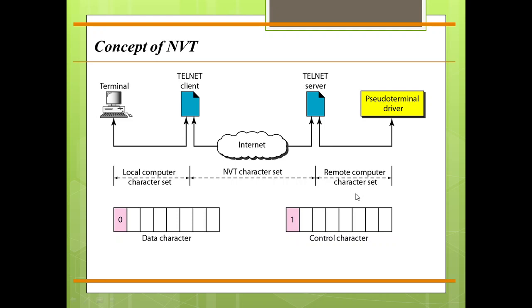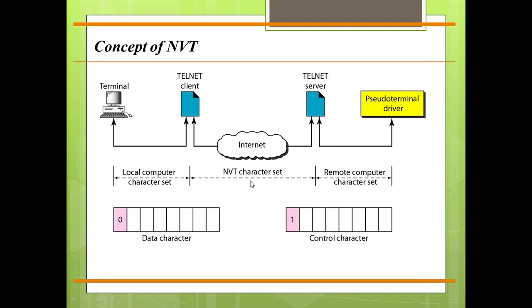When we are dealing with a heterogeneous system, and if we want to access a remote computer in the world, we must first know what type of computer we will be connected to, and we must also install the specific terminal emulator used by that computer. So Telnet is going to solve this problem by defining a universal interface which is called the Network Virtual Terminal or NVT character set.